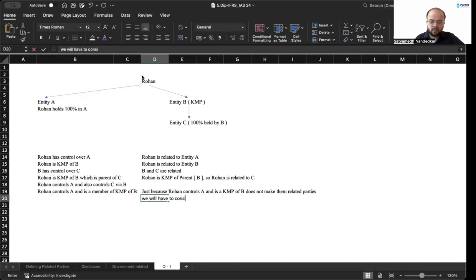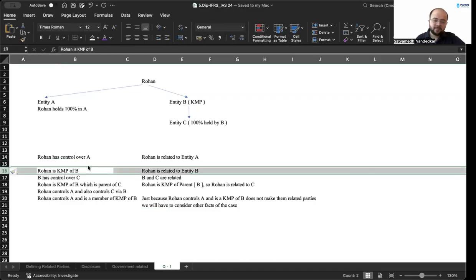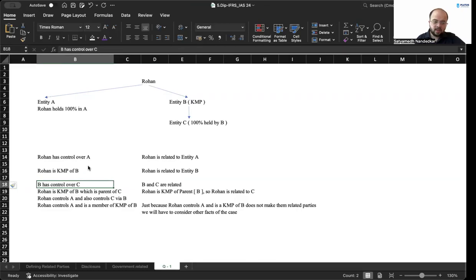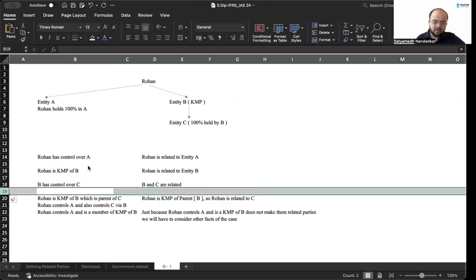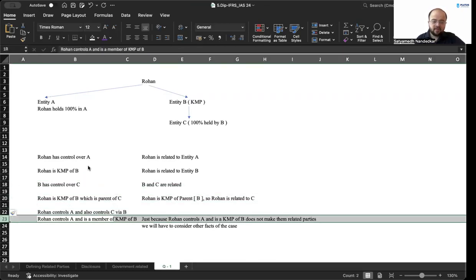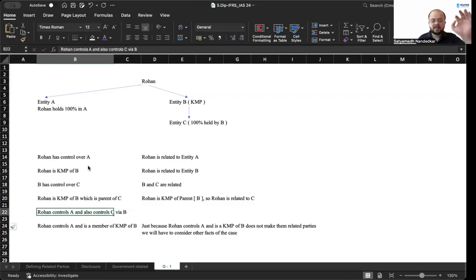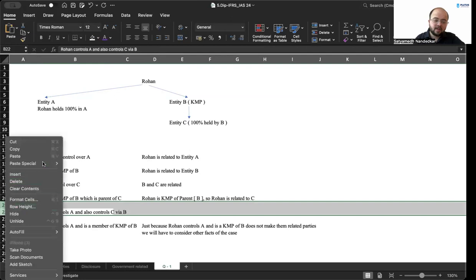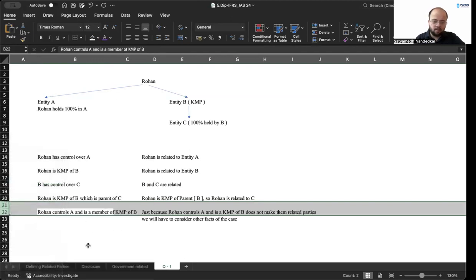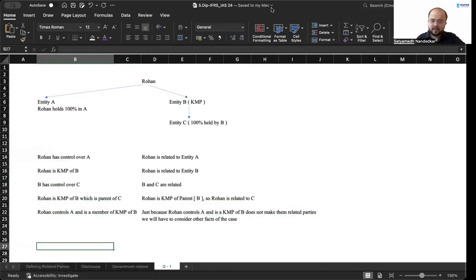We will have to consider other facts of the case before coming to a conclusion. So just saying that one entity is related to the other entity, just doing this much is not enough. Just the fact that Rohan has 100% holding in A and he is KMP of B does not make the two entities related parties. You will have to consider other factors also. Fair enough.